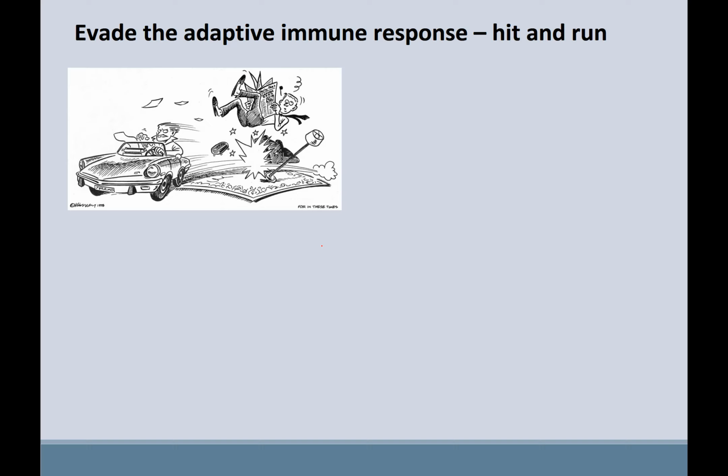And finally, some pathogens just do what we call hit and run. They invade, they multiply, and they leave. Right? Before you even know what hit you, you're sick, and then a lot of times you're recovering really quick.